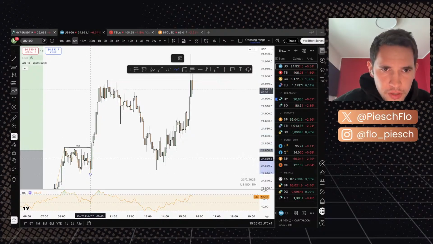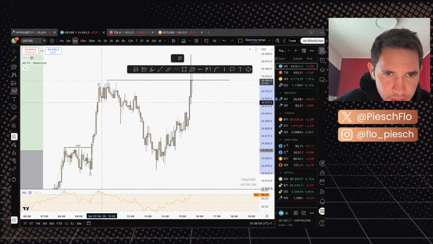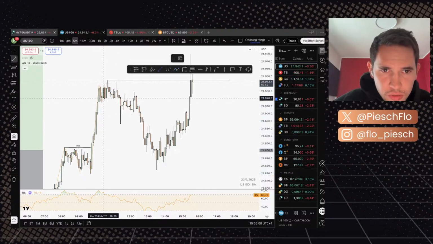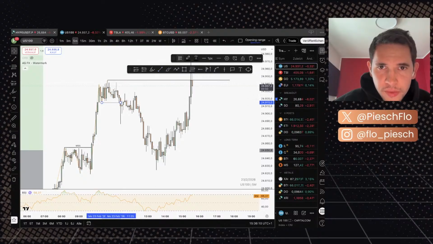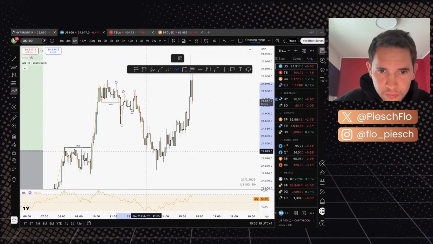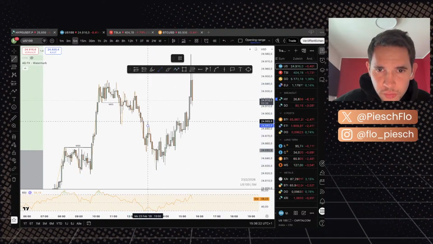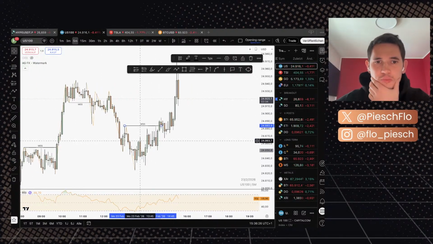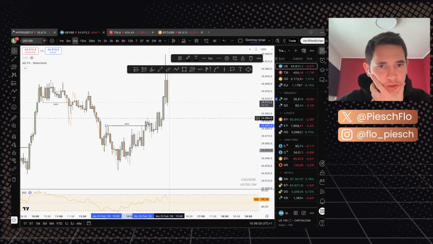We pumped from here to here and then this is valid. Then we switched structure right here to bearish. And we switched structure back to bullish right here. It's all according to my 2 candle rule, guys.